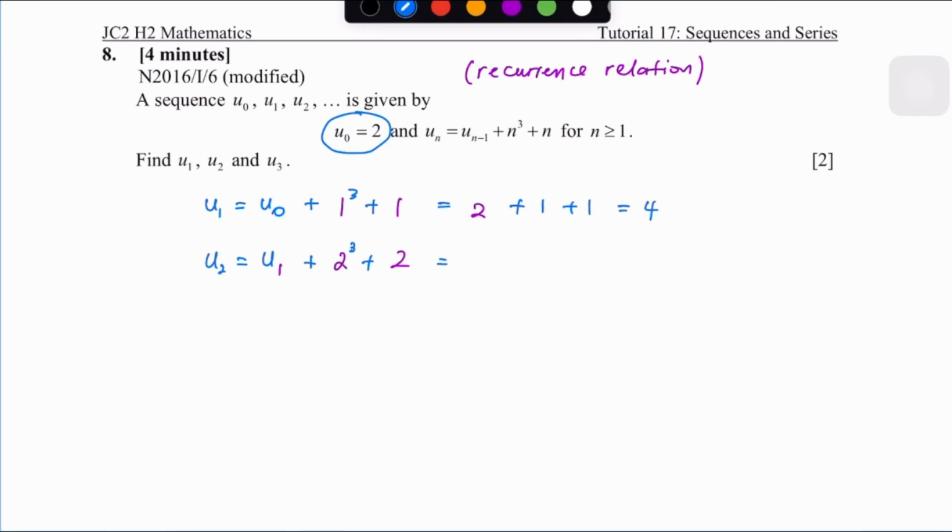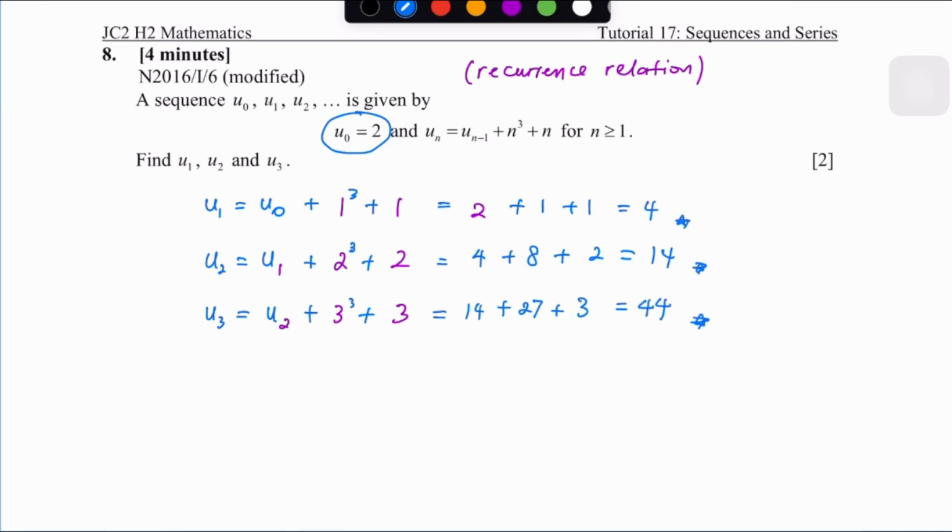So this will be 4, 8, 2, so 14. Okay, u3, last one. This one depends on the second term: 3 cubed plus 3. So this would be 14 plus 27 plus 3, 44. This is within the syllabus. This is a past year A-level question.